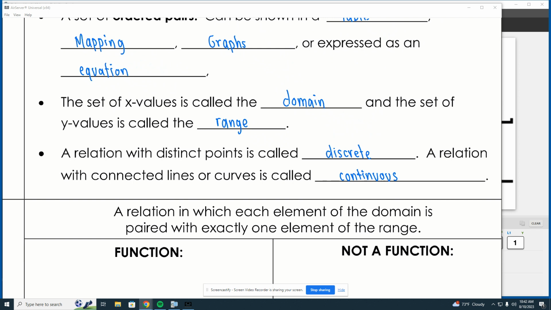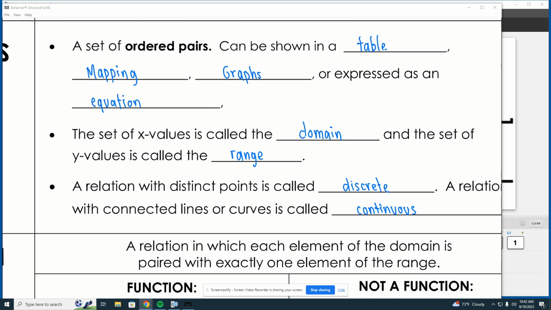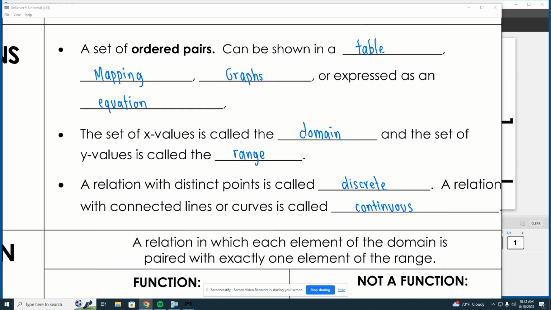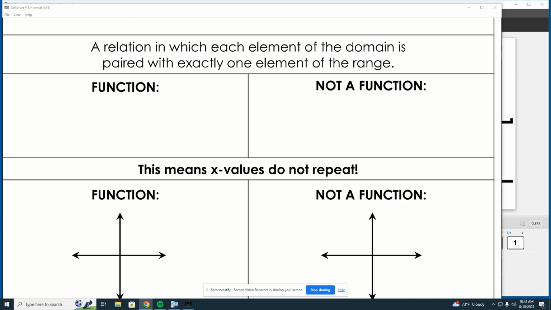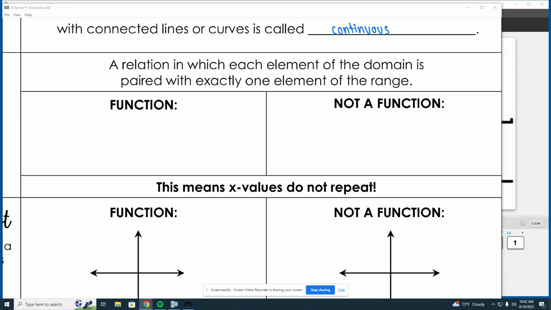Any questions with all those terms? So we're talking about ordered pairs, X and domain, Y and range, and discrete versus continuous. We probably won't say those words a ton. Now, a specific type of relation is called a function.